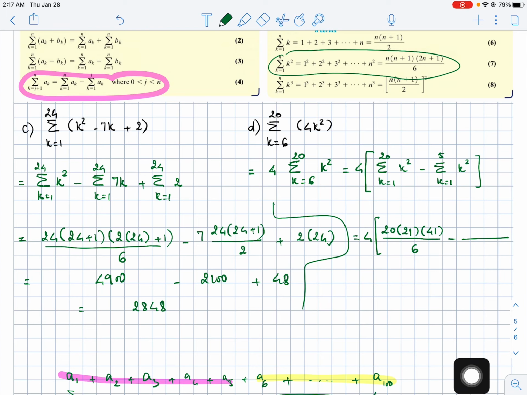Now the term is k squared. We still apply number 7, but our n is 5. So we have 5 times (5 plus 1 is 6), and then (5 times 2 is 10, plus 1 is 11), divided by 6.